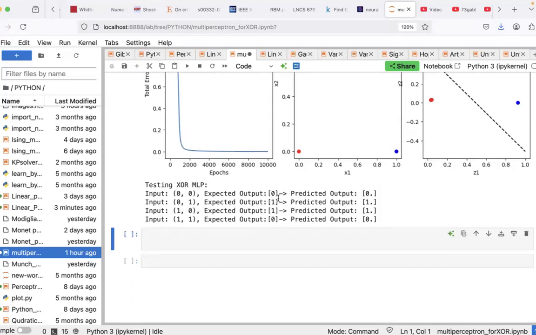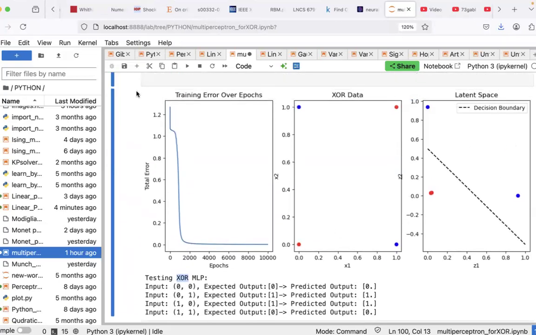You see the predicted output matches the expected output for all the 4 data points. So with the multi-layer perceptron, or deep perceptron, we can nicely model the XOR operator, the XOR gate.